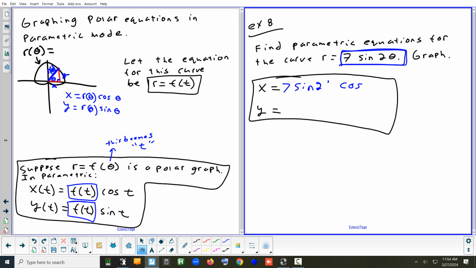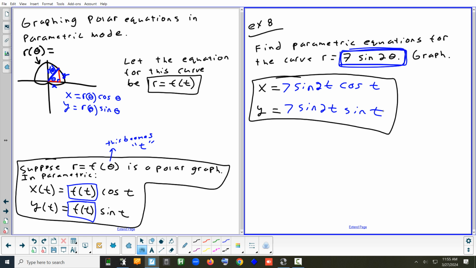So sine 2t, cosine t. And what do you multiply the hypotenuse by to get the height of a triangle? Yeah, we'd multiply it by sine t. So here's your hypotenuse. Multiply the hypotenuse by sine, and that will give you the height of a triangle.